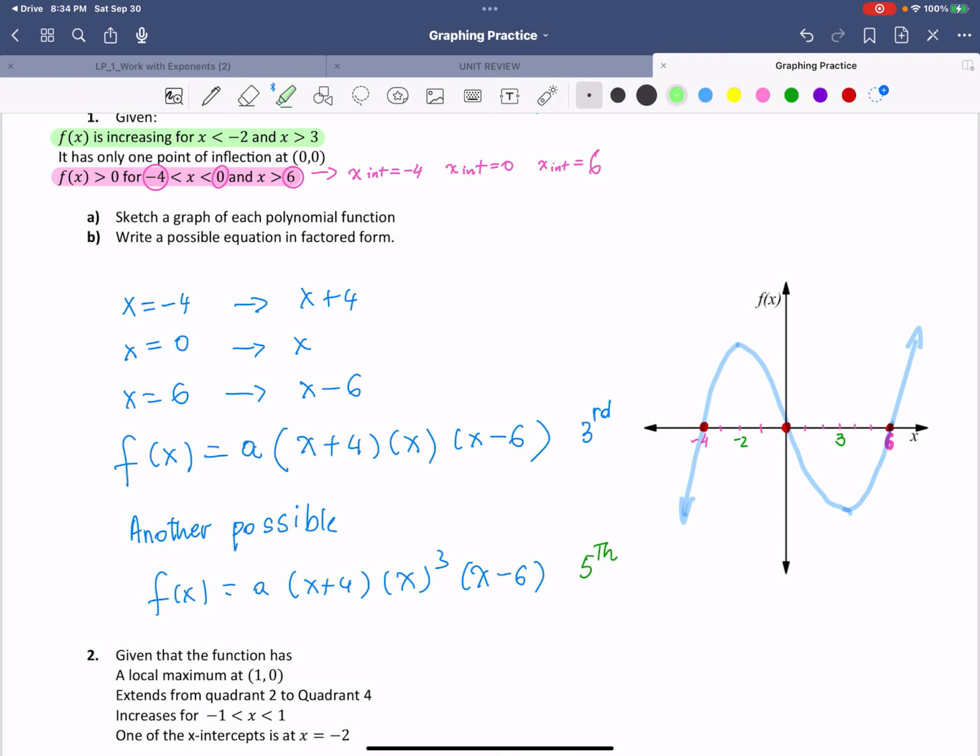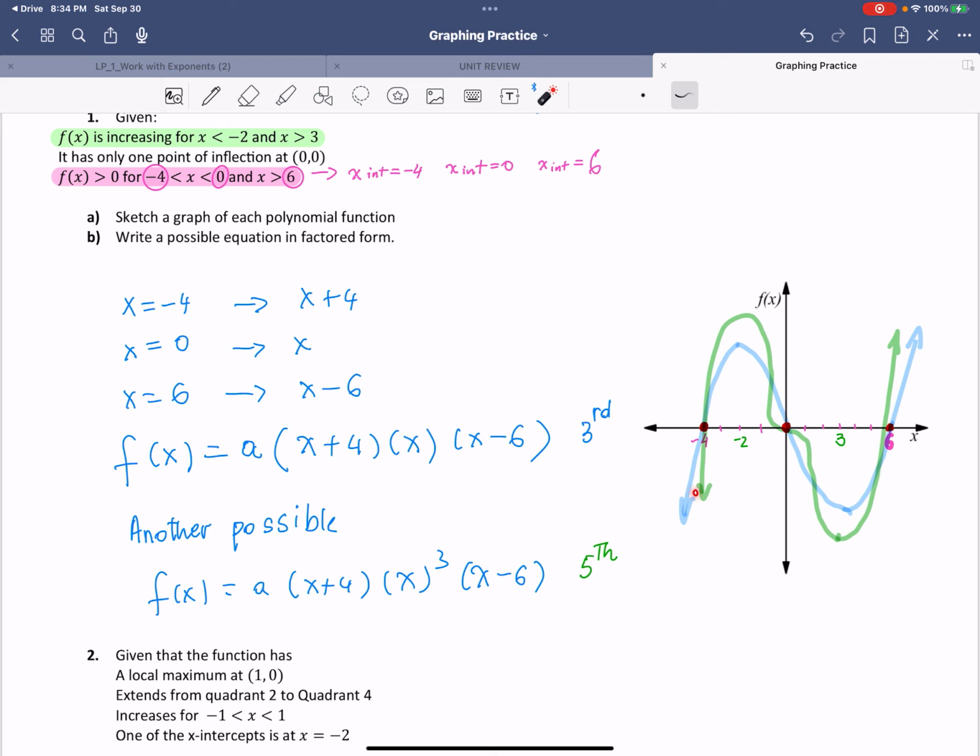I'm going to draw these graphs just in case anyone is confused about it. So another possible graph can be this. Right here. The end behaviors are specifically described here, so we know that there is no other way that we can direct the function at the ends.